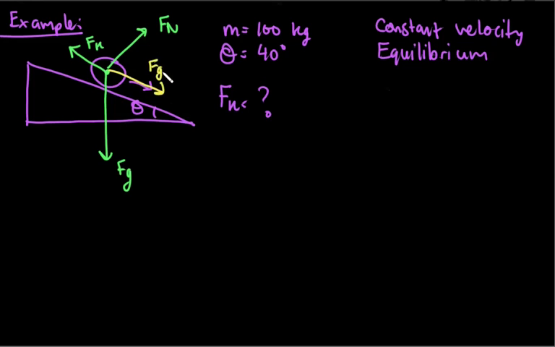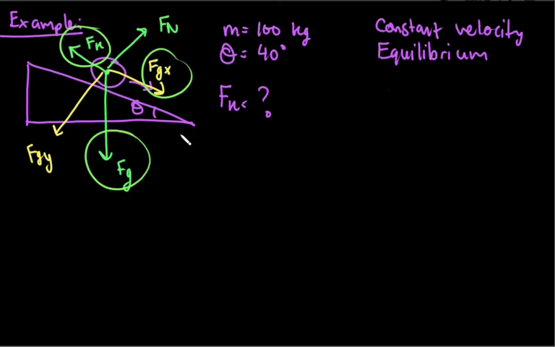We have the FGX here, and we have the FGY right there. Now, we are only concerned about our frictional force right here. So we're not going to worry about the normal force or the FGY. We're only going to worry about the FGX, the FG, and the FK.